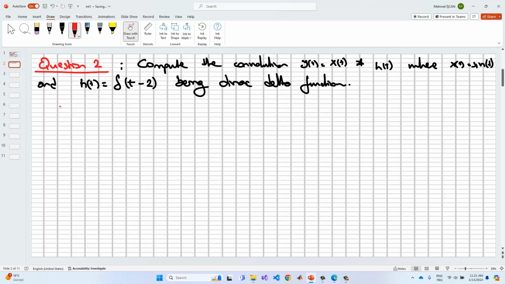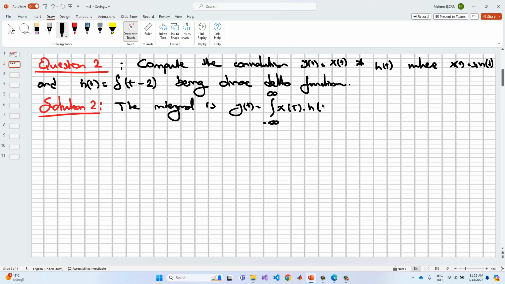The solution of 2 can be built, first of all, with the integral in convolution form: y(t) equals the integral from minus infinity to infinity of x(tau) times h(t minus tau) d tau.